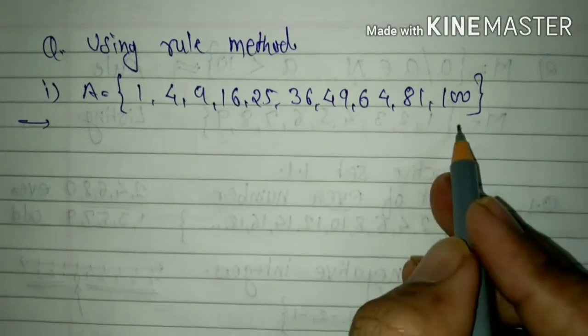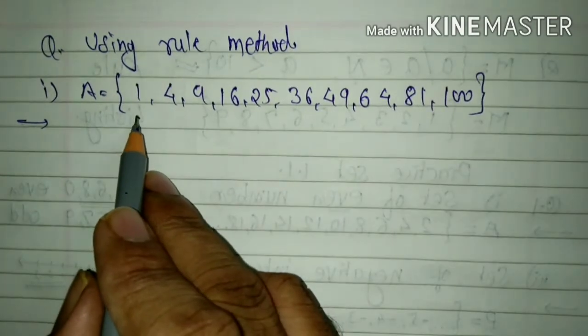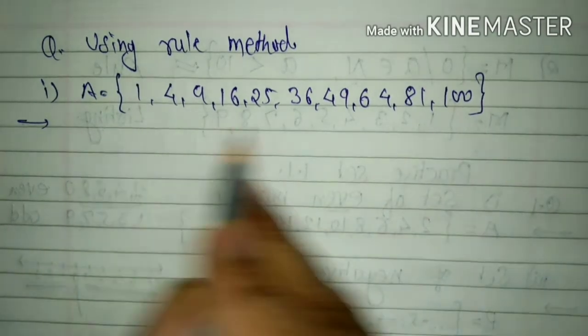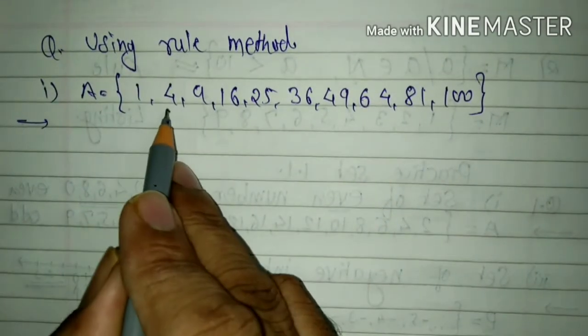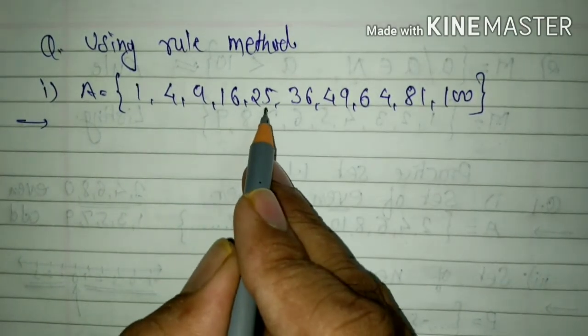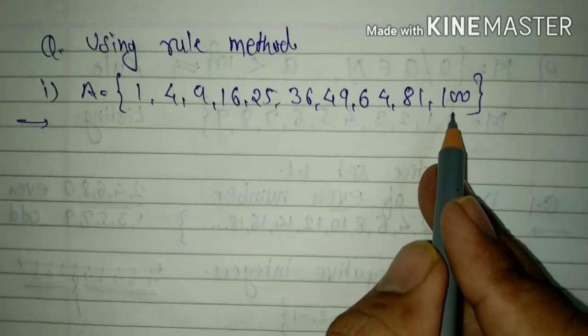If you see it carefully, you can easily understand that 1, 4, 9 and so on are the square of 1, square of 2, square of 3, square of 4, square of 5 up to square of 10.